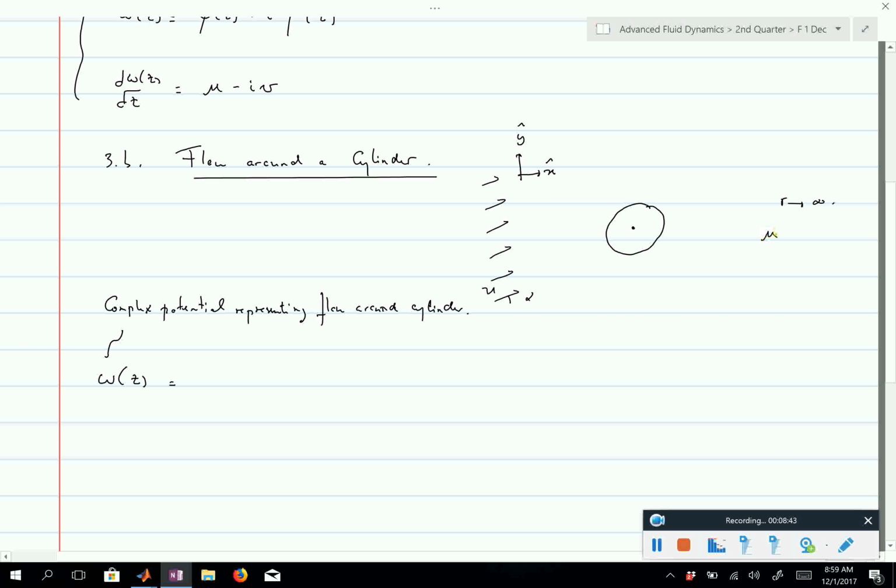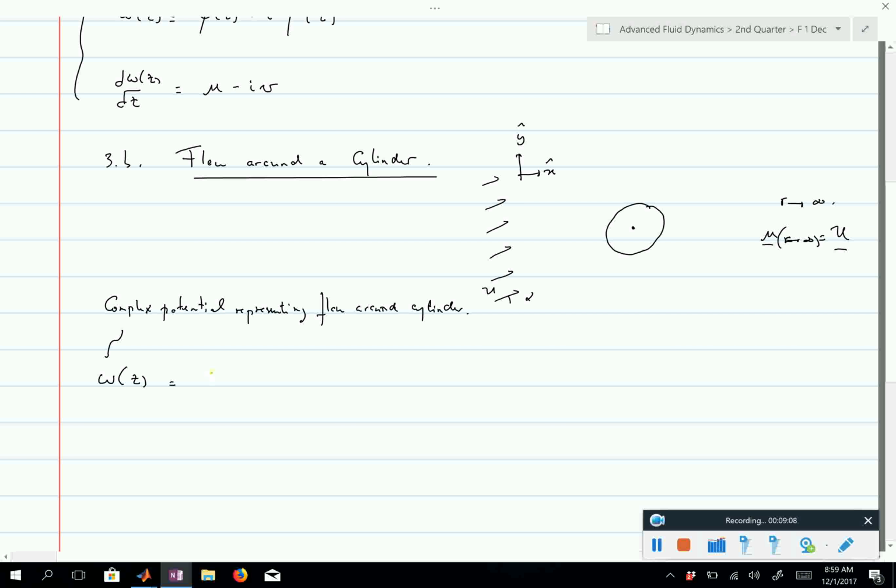Our velocity field, this is our boundary condition at infinity, will be our vector U. This is what it will be at infinity. I make a shortcut, otherwise I introduce notations which are purposeless.